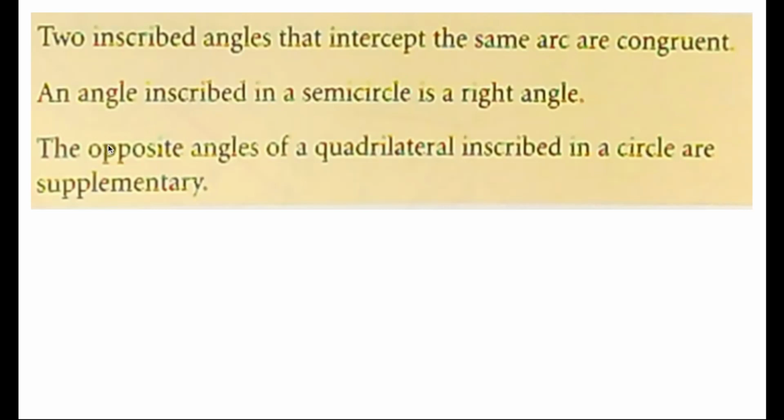And if you have opposite angles in a quadrilateral that's inscribed in the circle, those opposite angles each cut a different part of the circle, but together they make the whole circle. So those opposite angles would be supplementary. I'll draw a diagram for you another time and we'll prove that.